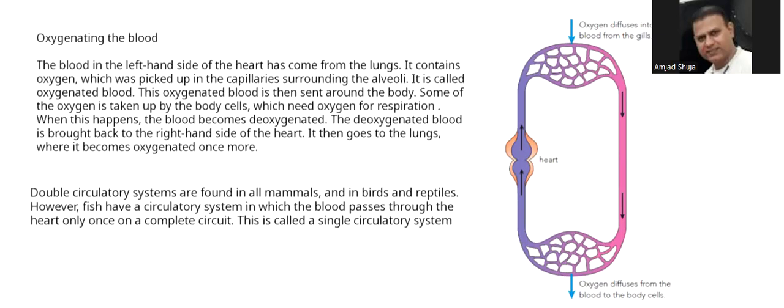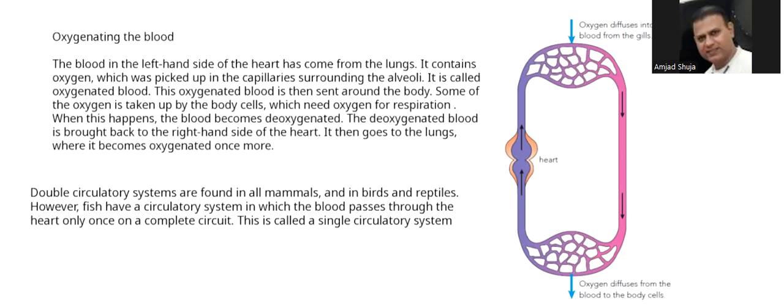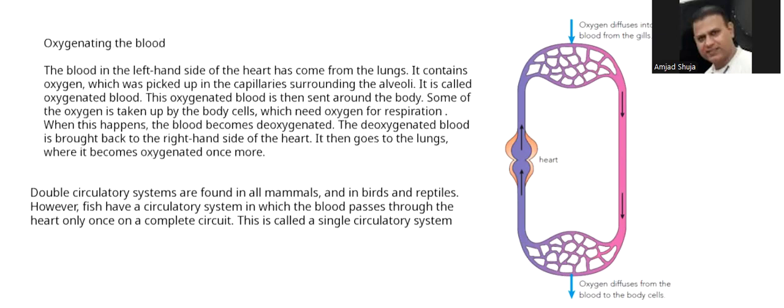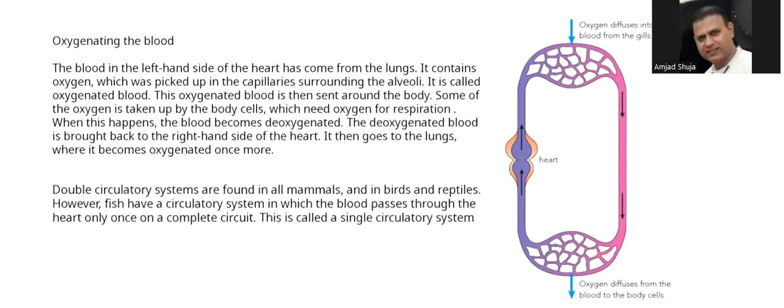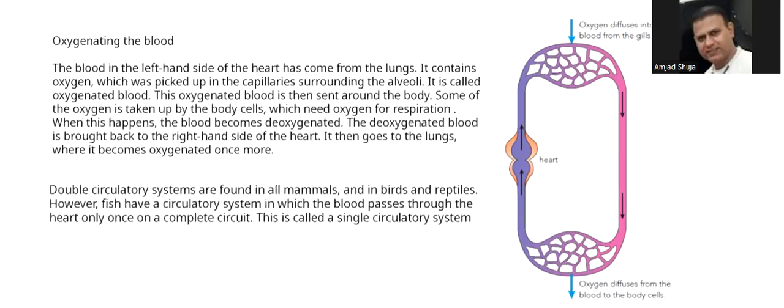What happens in single circuit circulation? Fish have a single circuit of circulation. Water enters from the mouth into the gills, and this water has dissolved oxygen in it.